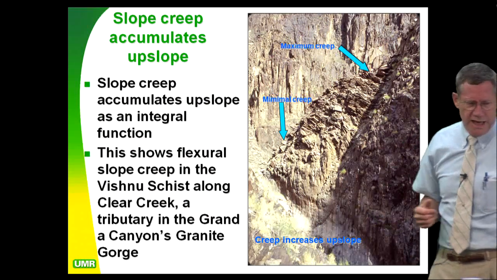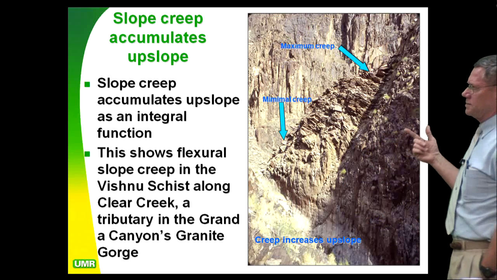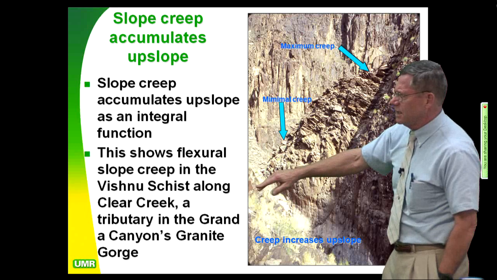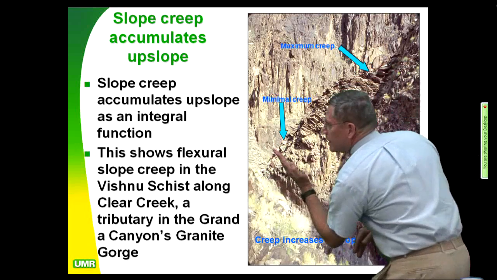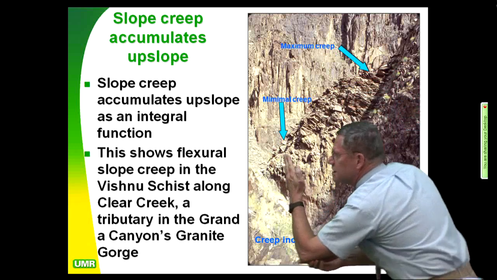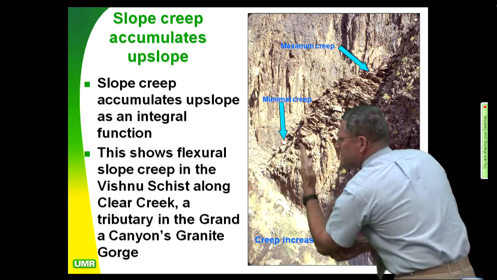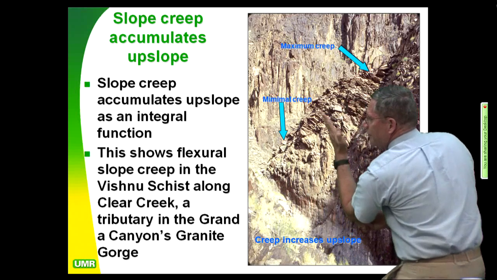Here we are in the Grand Canyon, and here we're going to see how slope creep accumulates upslope as an integral function. So we look down here where the channel is cut into this schist. This is the Vishnu schist. This is the foliation dipping about 70 degrees, and we come up here and we see the thing turning over. It's a toppling failure.